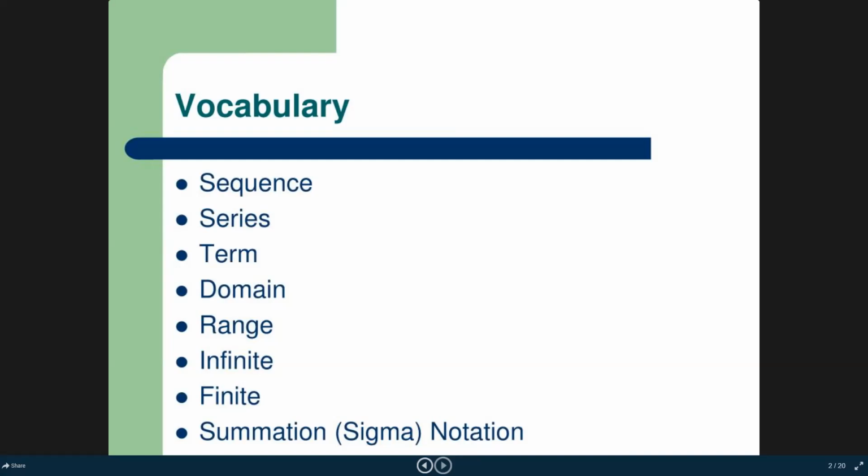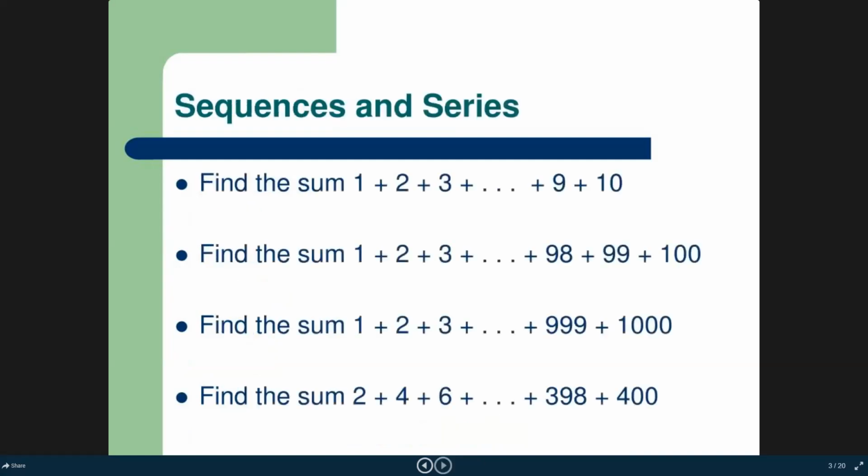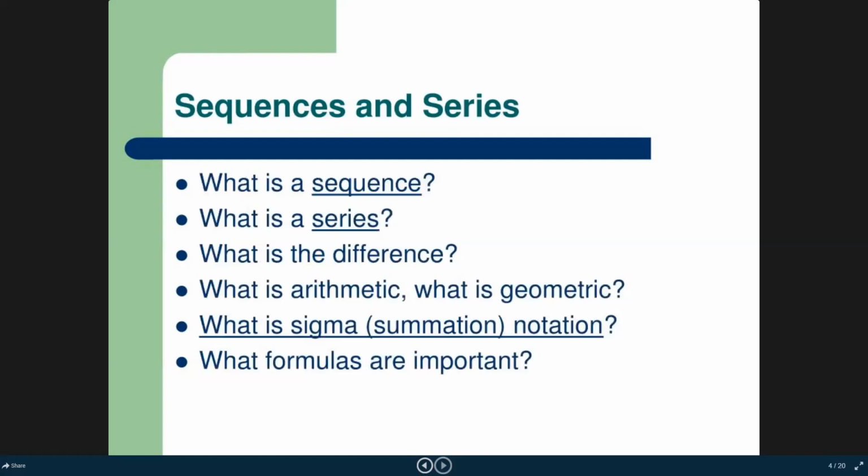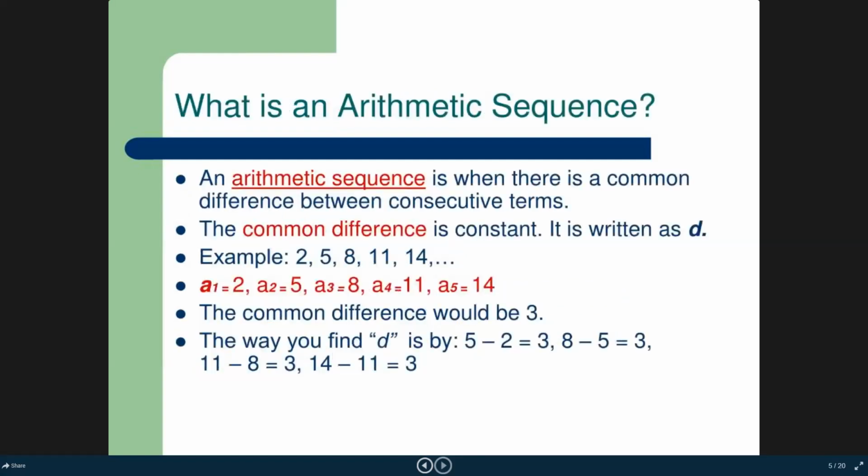The sum of the sequence. So we talked about sequences already and what a series is. We want to go to arithmetic sequences and how we can find the sum of them. That's a series now, right?